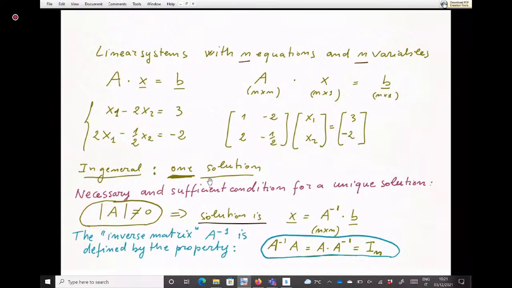In general, a system with the same number of equations and unknowns has one solution. You may remember this from high school, also from the bachelor degree. What is the necessary and sufficient condition for this system to have a unique solution?